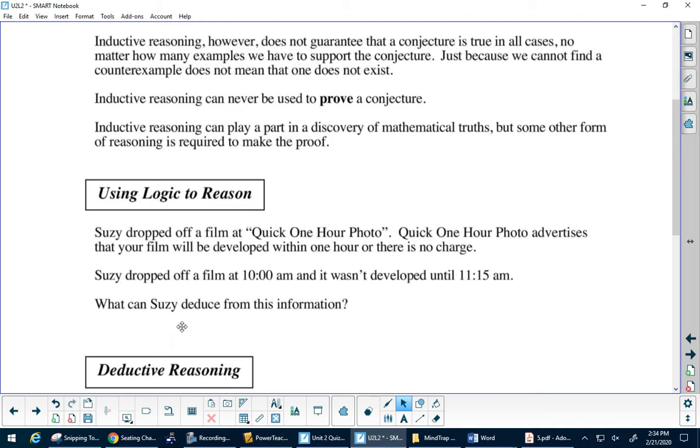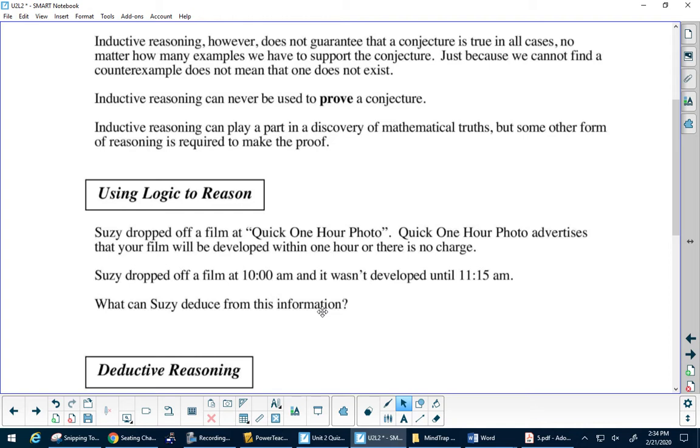Okay? So, this is a factual statement. If your film is not developed within 1 hour, there's no charge. That's fact. It's on the sign. Okay? She dropped off at 10 and it wasn't done till 11:15. That's a fact. Now, if both of these facts are true, then what can you say?